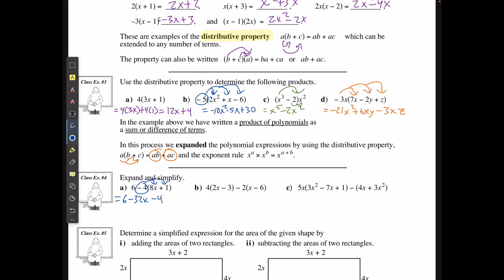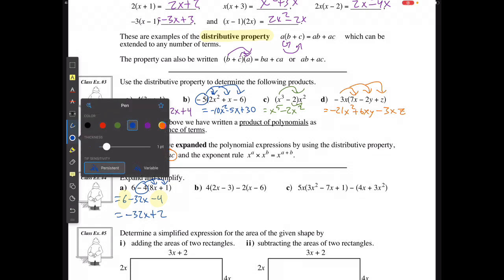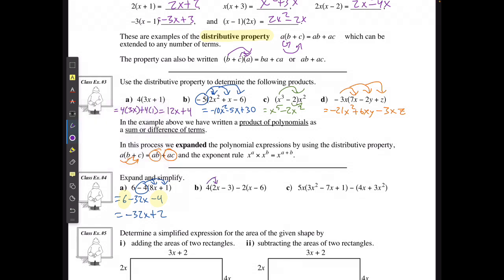When it says simplify, I'm going to combine my like terms. Here, 6 and negative 4 being my like terms. And I'm going to say that this is negative 32x plus 2.